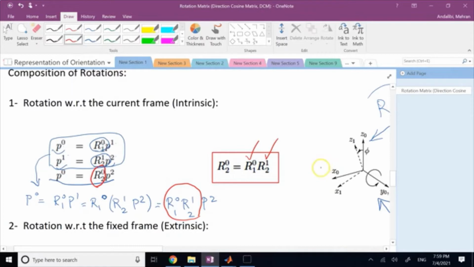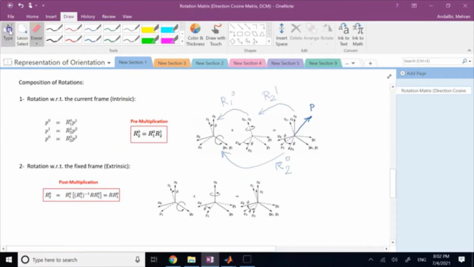The last one will go on the right. This is what we call pre-multiplication. So we pre-multiply from the first one to the last one, and that means combining them all together. Okay, so this is about intrinsic rotations. Here I added it for you, and I wrote it clearly, that we call this pre-multiplication.